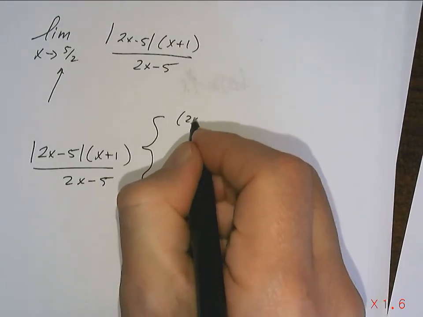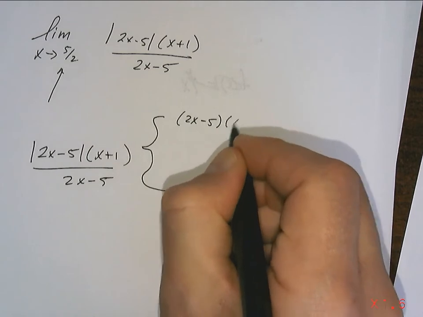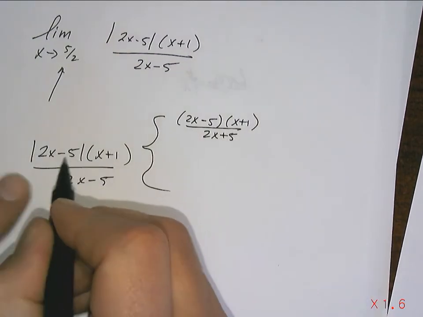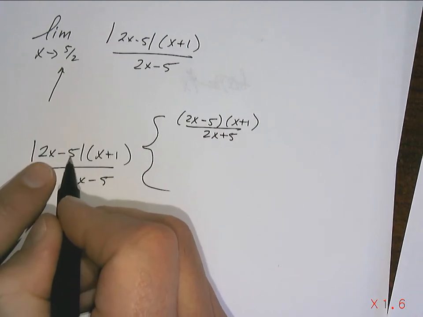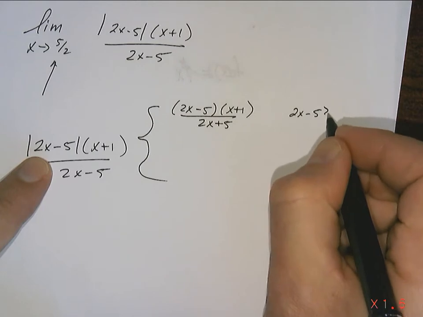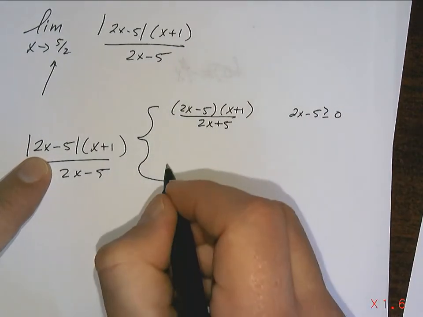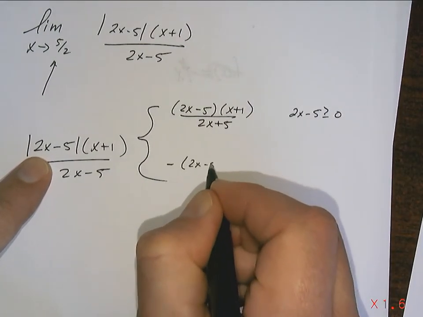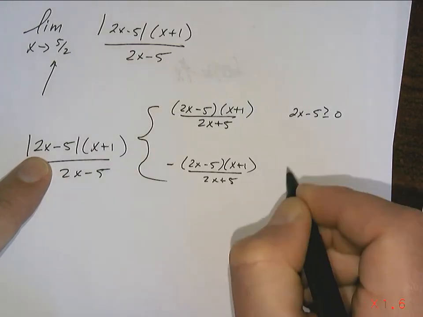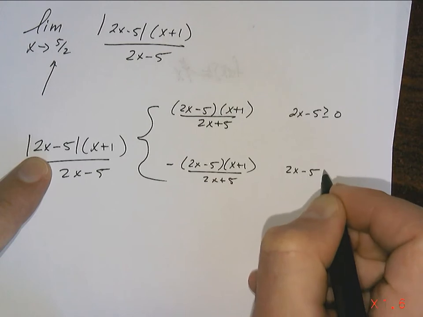It's going to look like this when what's inside the absolute values is greater than 0. And it's going to look like this when what's inside the argument is negative.